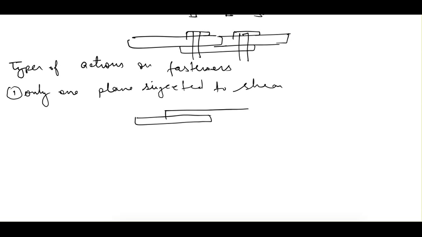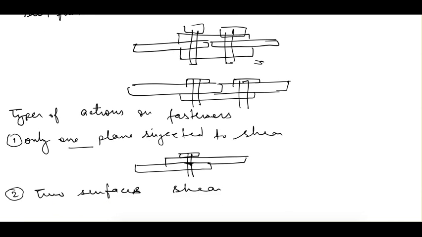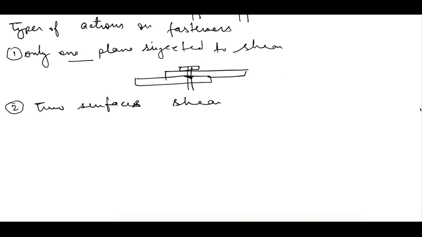In this case we will put the bolt here, so only this surface would be subjected to shear. So only one surface or one plane is subjected to shear, that is the first case. And after that there are two surfaces subjected to shear. That will be the case of the butt joint, that is here this surface and this surface both will be subjected to shear.